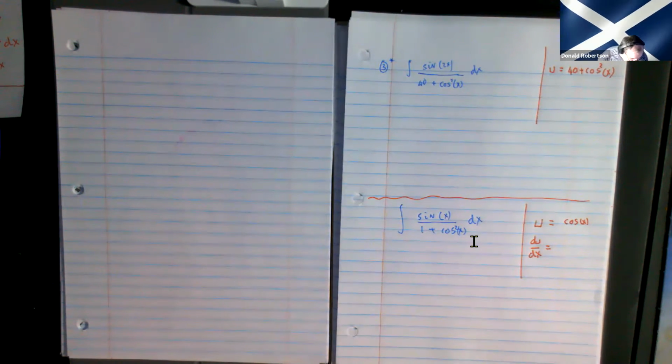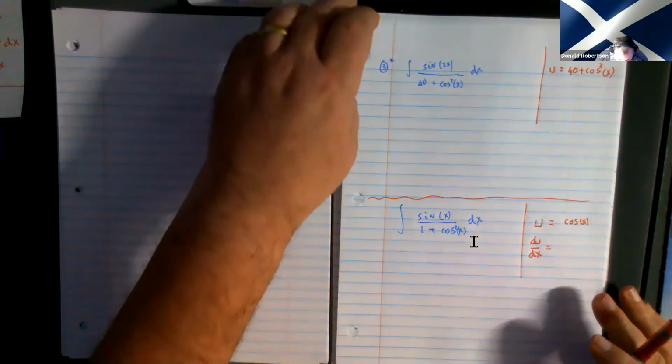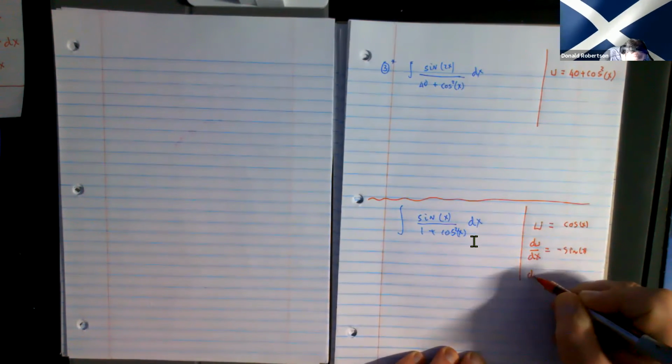Let's do this one first, slightly out of order. If you differentiate with respect to x, be careful. What does the derivative of a cosine get you? Negative sine. Right. So the crossover looks like this.